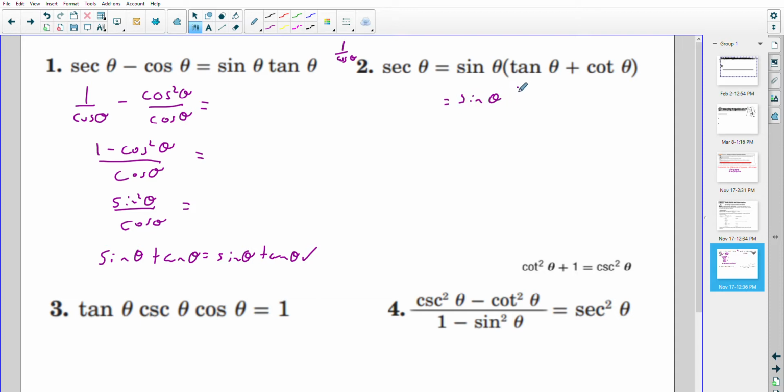Sine theta, what I'm going to do here is convert to sine and cosine because you can't add. So this is sine theta over cosine theta, and this is cosine theta over sine theta, and I want like terms, like denominators. And so I now have like denominators, and you can see the top is shaping up to being a Pythagorean identity.